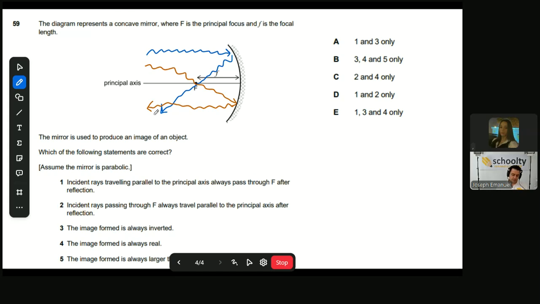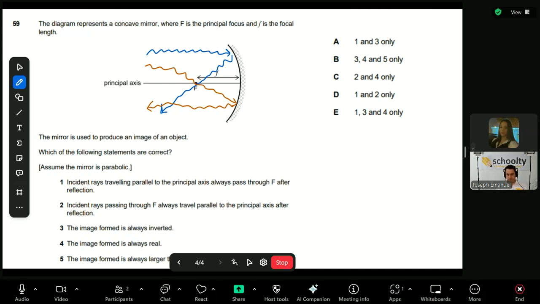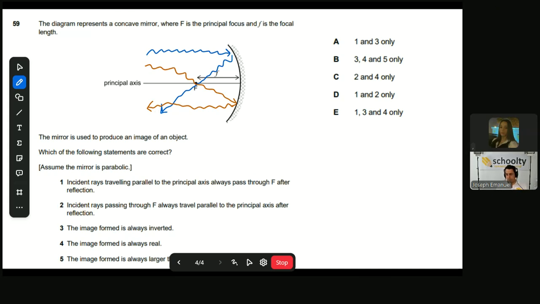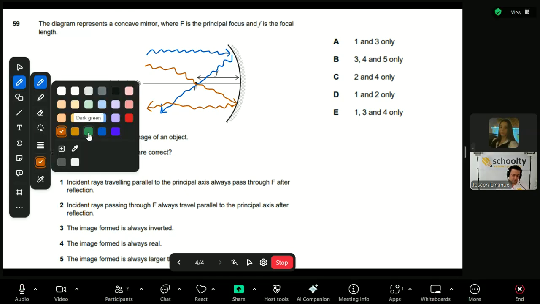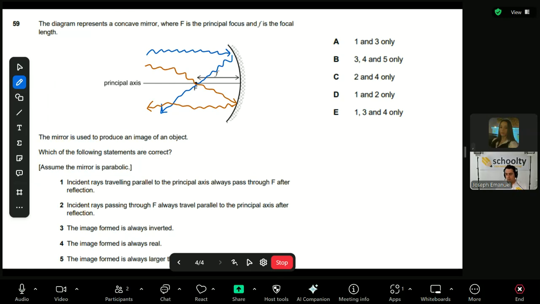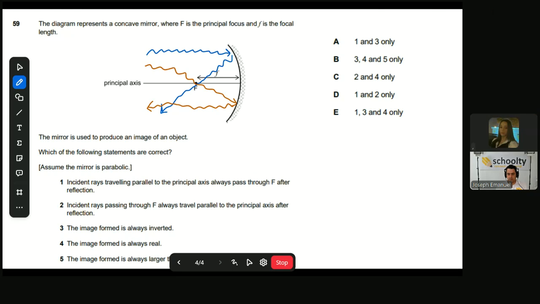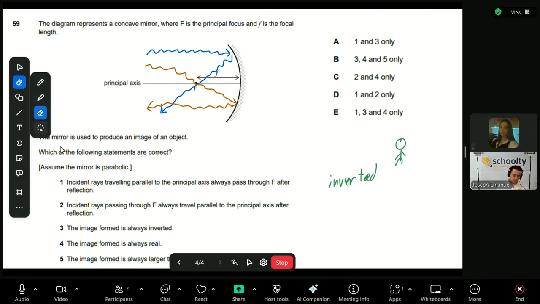So regarding the image, it depends if you are before or after some point. The image can be bigger or smaller, and inverted or not inverted. If you have an image that looks as it is, it's called upright.